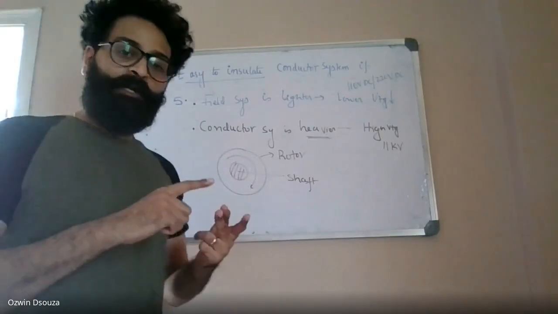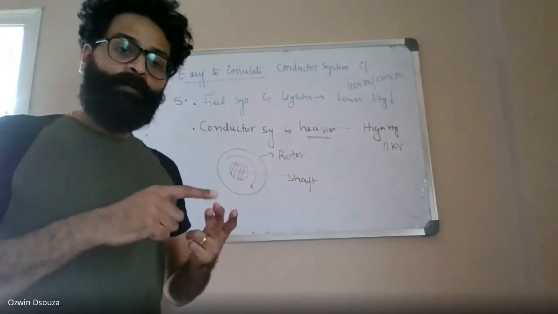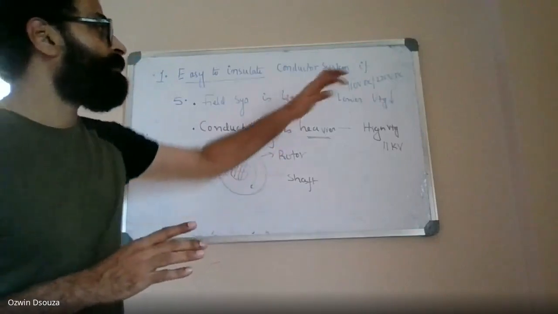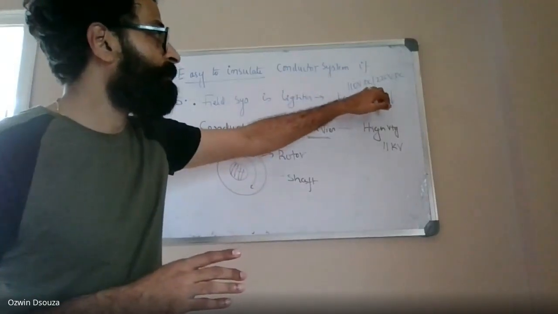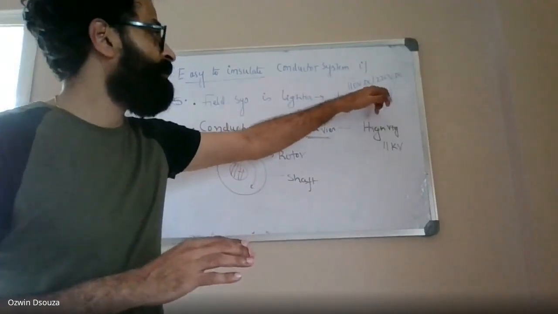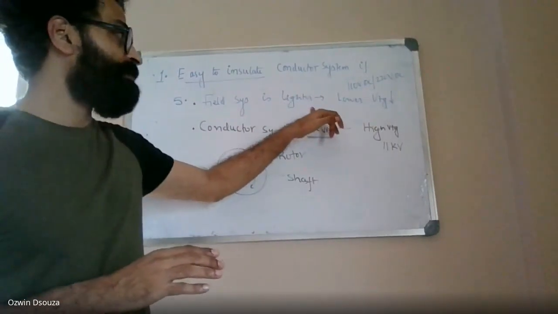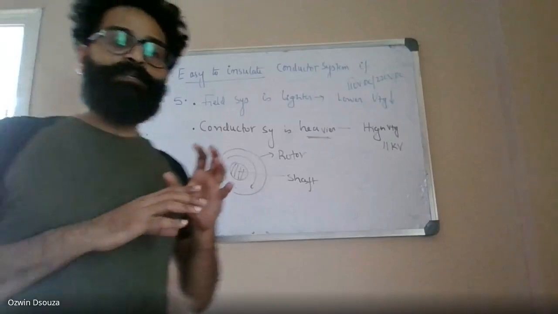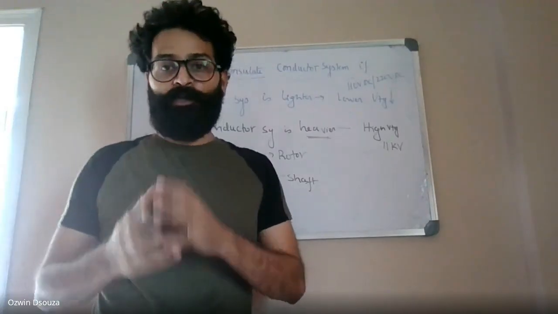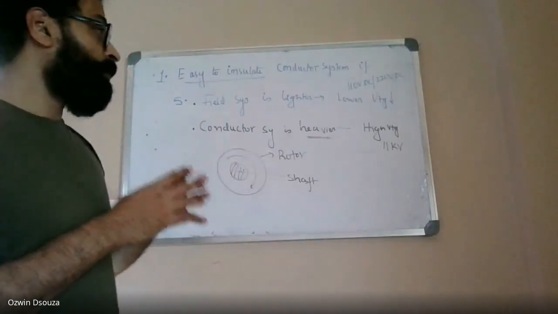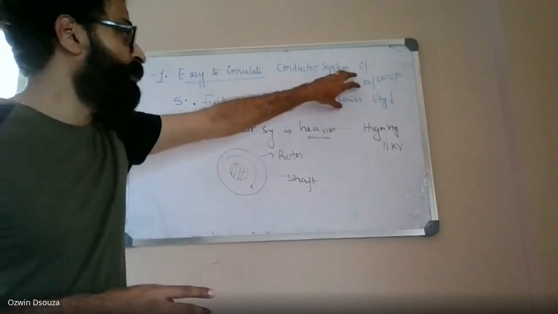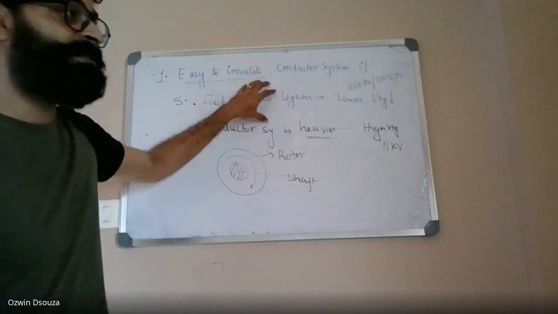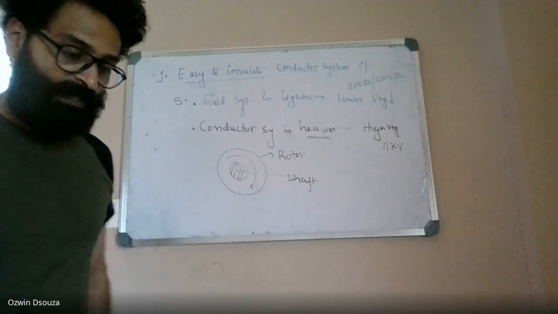Lighter and lower voltage system on what? The rotating part of the machine. So 110 volt is a lower voltage and your field system is lighter. So for the sake of safety to the operator as well as to protect the machine, it is always better to keep the low voltage, that is the field system, onto the rotor side.